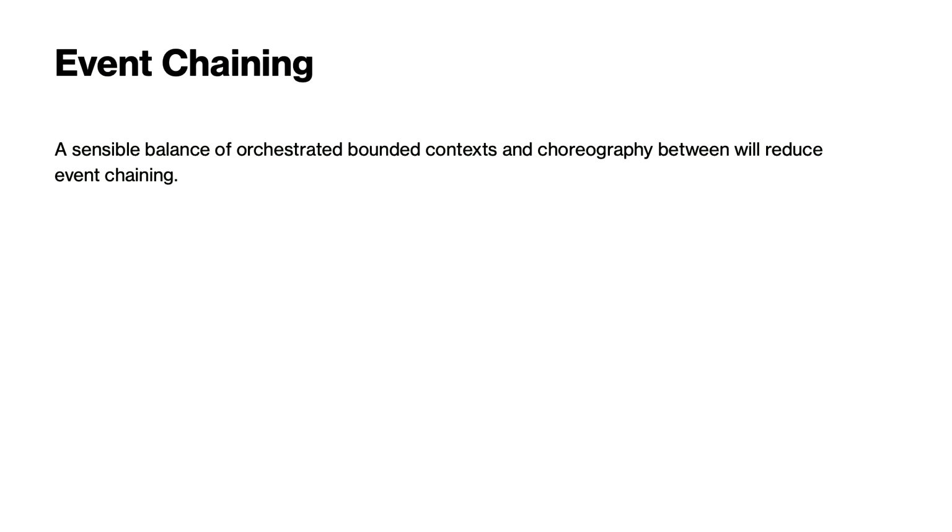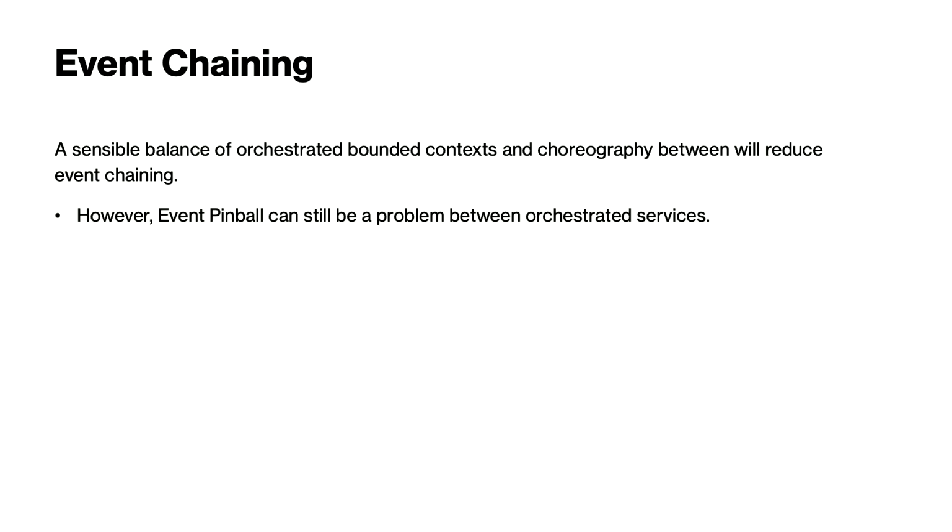So in other words, when we think about one of those flows we saw earlier, if every one of those tasks is a separate service, a kind of nanoservices problem, raising and creating events, you tend to end up with event chaining. It's very difficult to manage because you have huge amounts of coupling between the various events. And you get a problem called event pinball, where you kick off one event and you're really not certain what's going to happen.